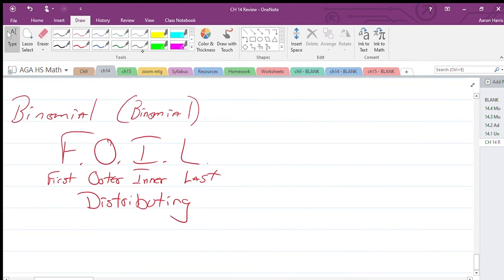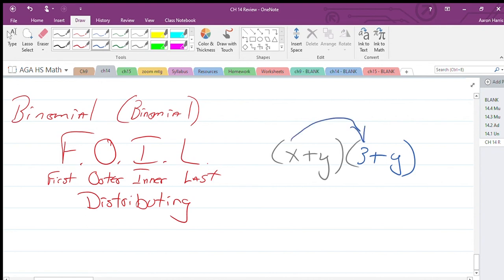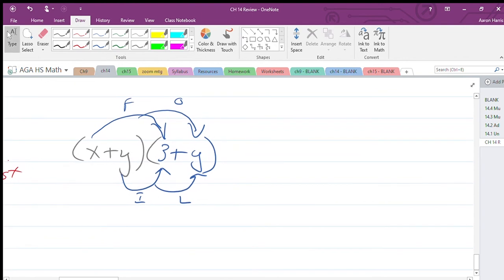Okay, so now if I have x plus y times 3 plus y. First, outer, inner, last. FOIL creates 4 different equations.